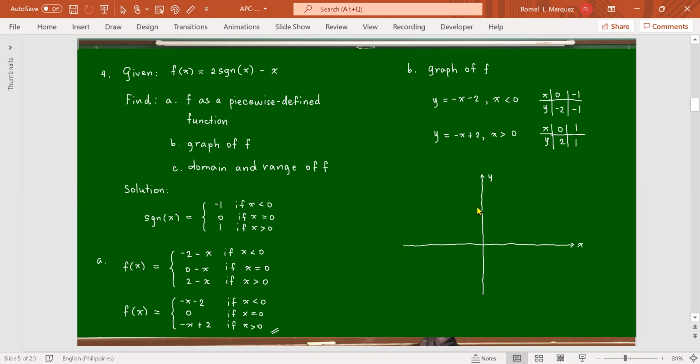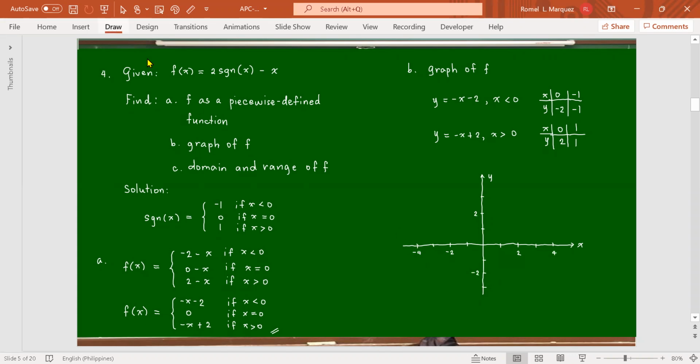We have 1, 2, 3, 4, then 1, 2, 3, negative 1, negative 2, negative 3, negative 4, and positive 2, positive 4.